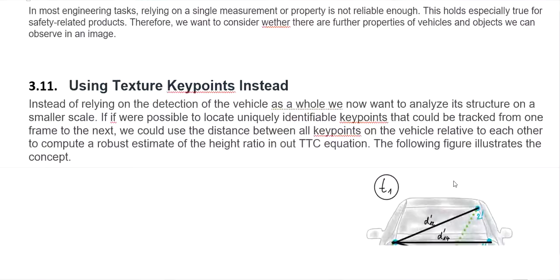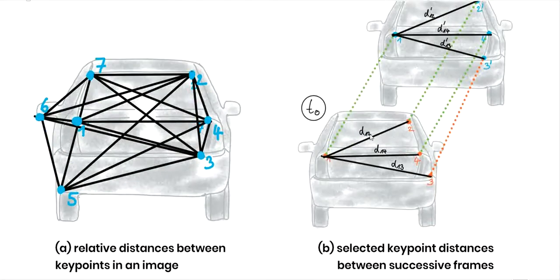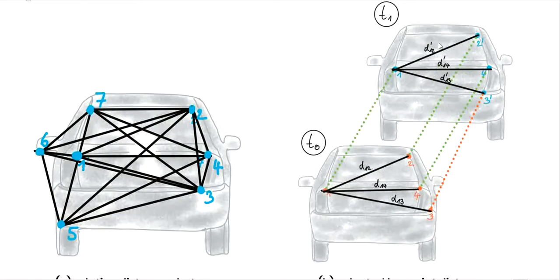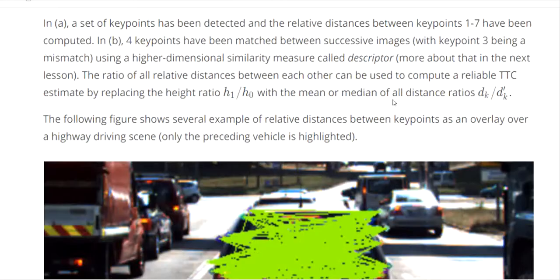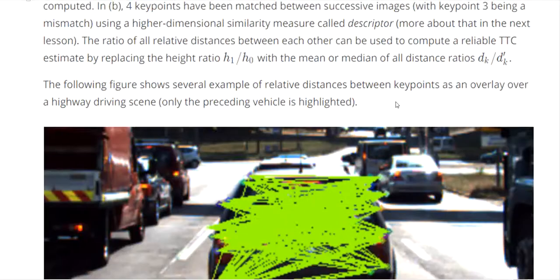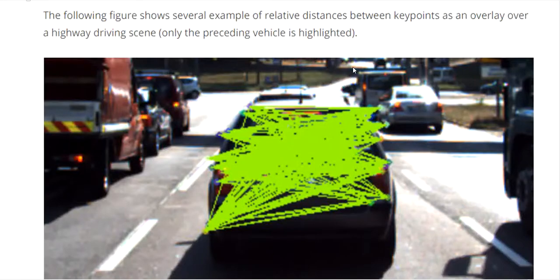Right now we use the key point features. We get the ratio between dk and dk prime between two successive frames. And in the following, you can see the relative distances between the key points overlaid over the highway driving scene.